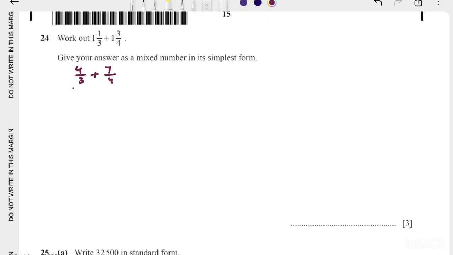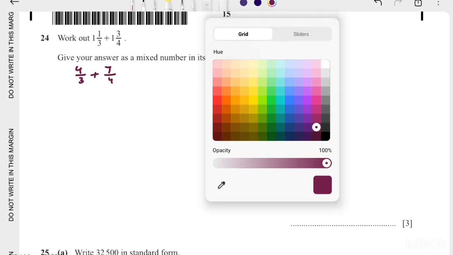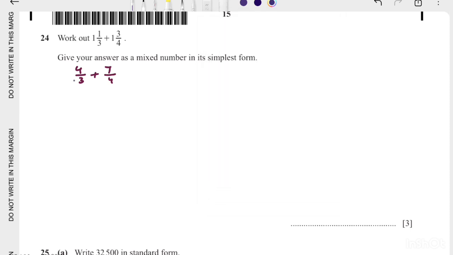Make their denominators the same by cross multiplying: multiply by 4 and 4, and by 3 and 3. So this becomes 16/12 plus 21/12. Since the denominators are the same, we can easily add up the numerators.